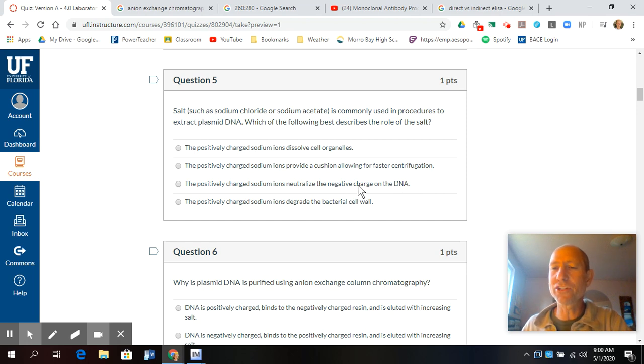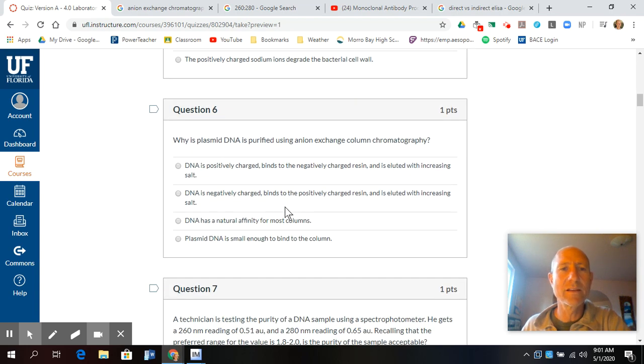Yeah, you remember the sugar phosphate backbone has those phosphates, which by the time they're linked up with other atoms, have a -2 charge. So DNA is negatively charged. That's why electrophoresis works. And that's why you want to add salt to that sucker. The next one says positively charged sodium ions degrade the bacterial cell wall, which they don't. You need like a detergent to do that.